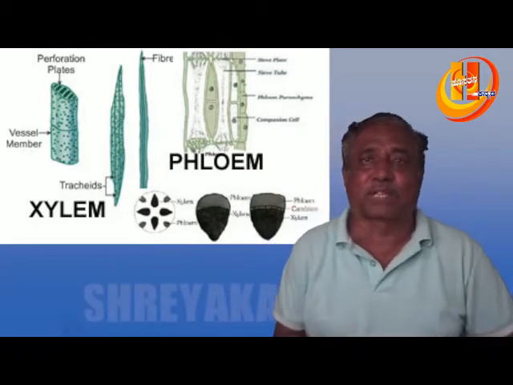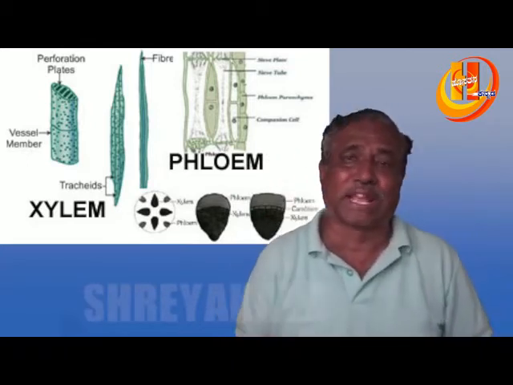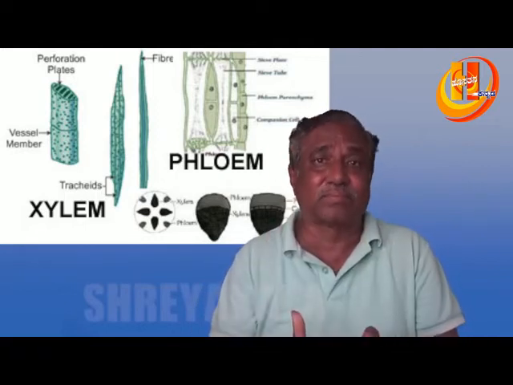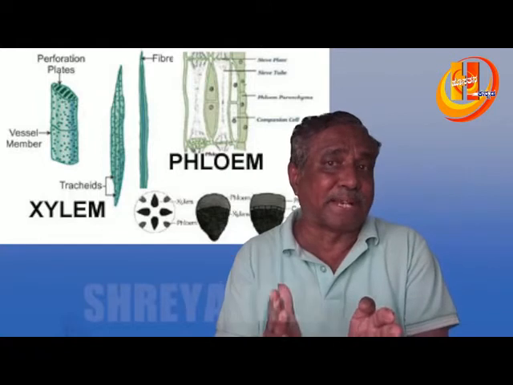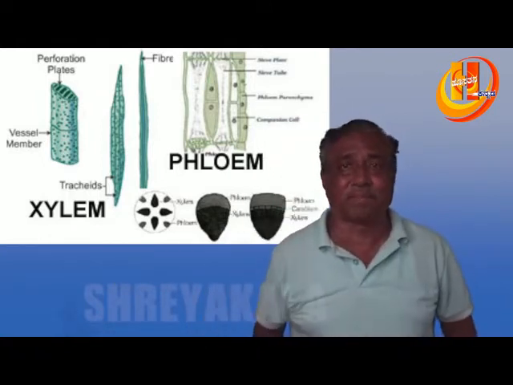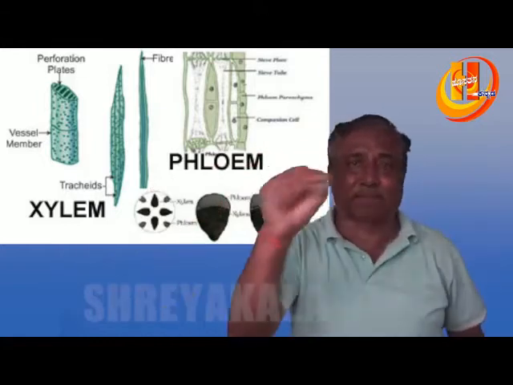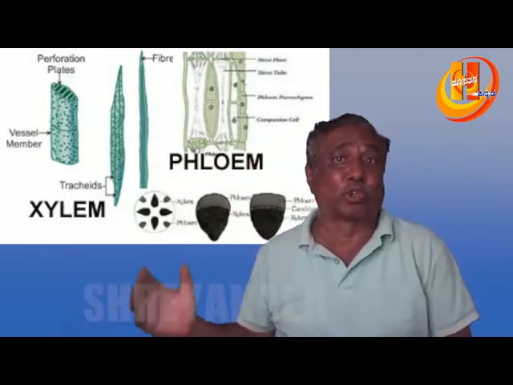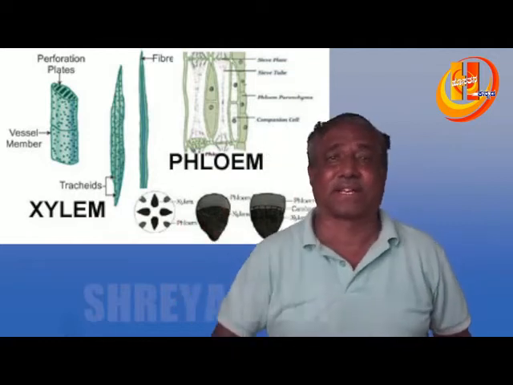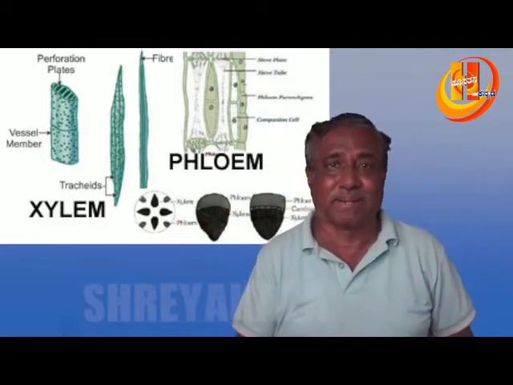And phloem is a complex permanent tissue composed of more than one type of cells, such as sieve tube elements, companion cell, phloem parenchyma, phloem fibers. Sieve tube elements are rectangular in shape and they have sieve plates. Sieve plates are perforated with sieve pores. Through these sieve pores, the cytoplasm of one sieve tube element is in contact with the cytoplasm of the adjoining sieve tube element.